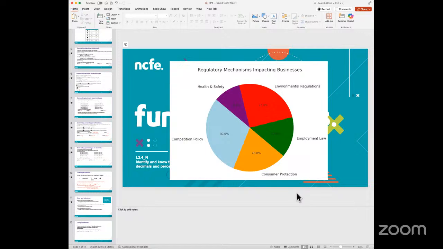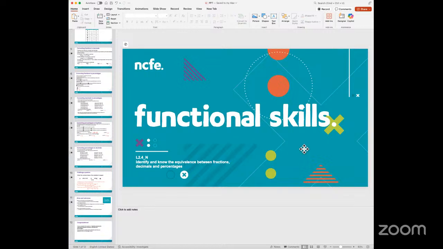So if a company does an analysis internally to see how they are performing and how they are getting affected by factors in the market, then they would look at maybe doing a pie chart like this, which will say environment regulations, health and safety, competition, consumer protection, and obviously employment law. So as you can see, they've drawn out a pie chart, and they've expressed the relevance of these regulations and factors affecting the business in the form of percentages, because it is easier for the data to be understood. So percentages can be used in our day-to-day life in a very different way.